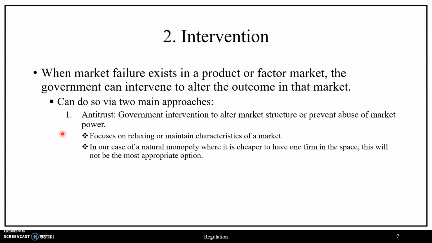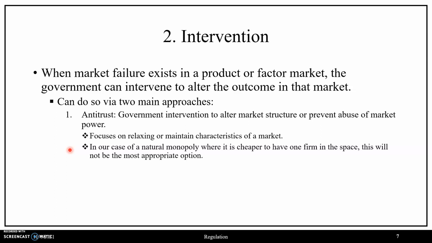That is, to keep the oligopoly as an oligopoly, or have a particular market structure such as a monopoly or duopoly and try to break it up to be a more competitive type market structure. In our case of a natural monopoly, since it is cheaper to have one firm operating in the space, this will not be the most appropriate option to consider.